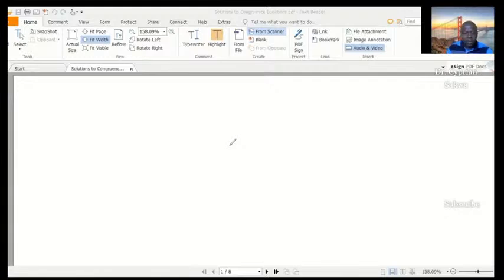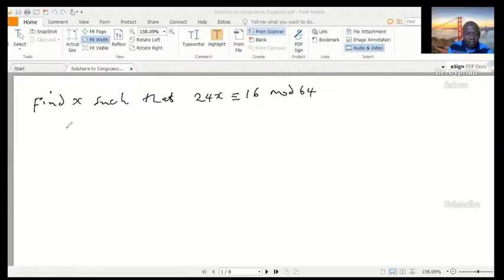So I want to find x such that 24x is congruent to 16 mod 64. Solution. First, find the GCD.